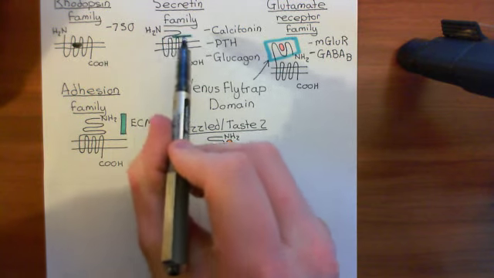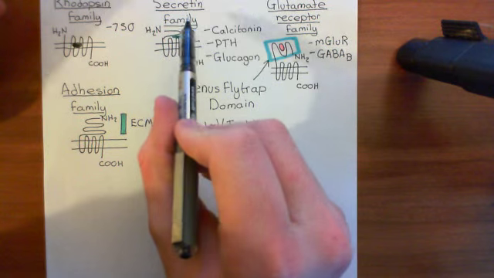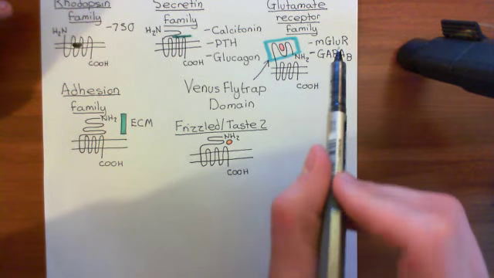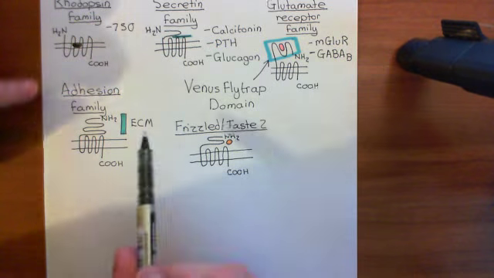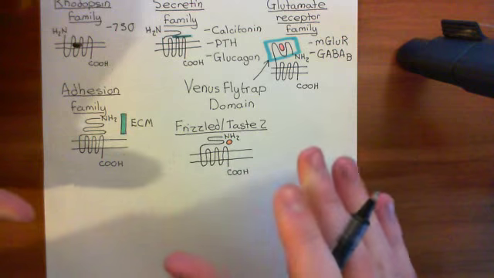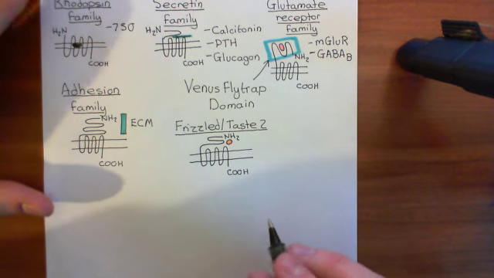It doesn't get wedged in between the transmembrane domain and the amino terminal domain, so we're not talking about the secretin family. There's no venus flytrap domain, so we're not talking about the glutamate family. It's not a component of the extracellular matrix, so we're not talking about the adhesion family. What's left is the frizzled/taste2 family.